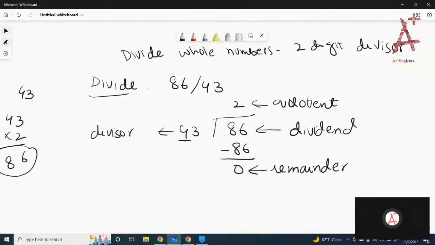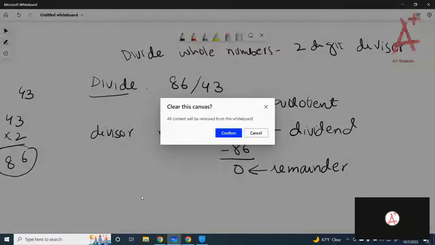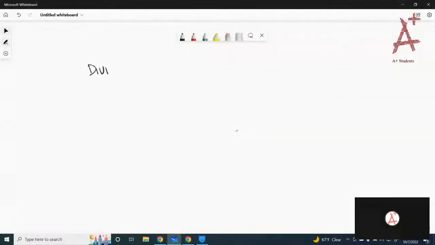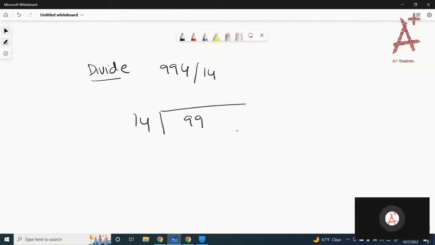Okay, let's do another example. The next example is to divide 994 by 14. The divisor is two-digit.